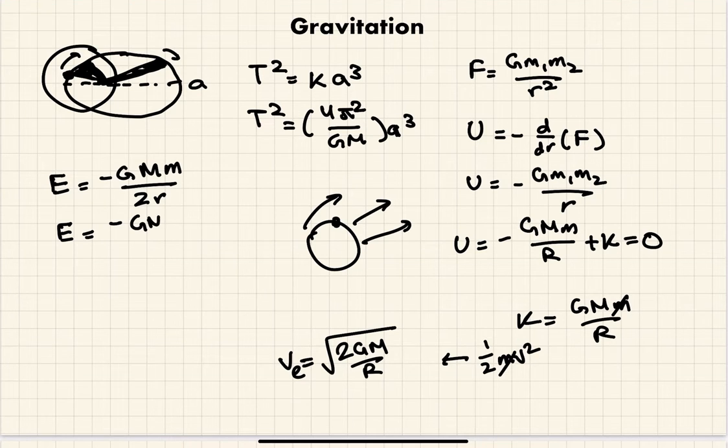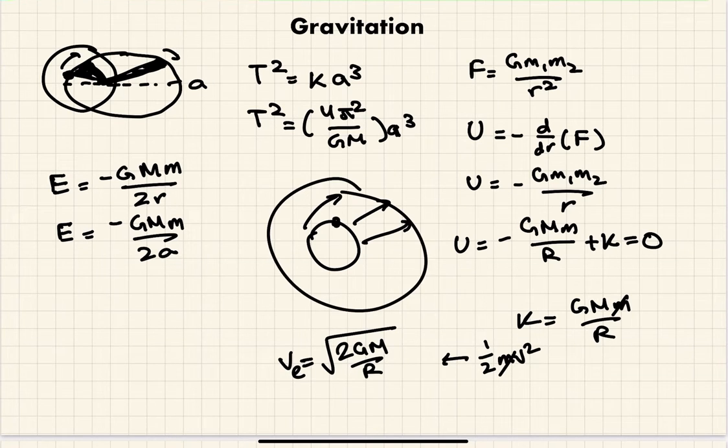If it's elliptical, it's very similar: negative GMm over 2a, as you might expect, because a is the semi-major axis. And this is pretty important because now you know that it's not equal to 0 in this case. I said most of the time it's equal to 0 because you want to go infinitely far. But if you're in an orbit, you're staying in that orbit, not going infinitely far. And so this is the constant energy of that.